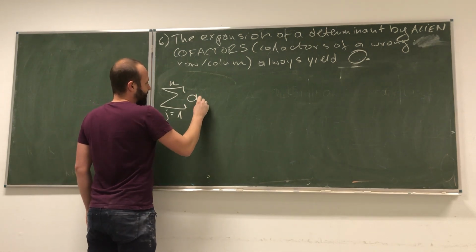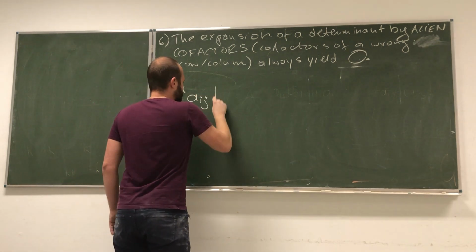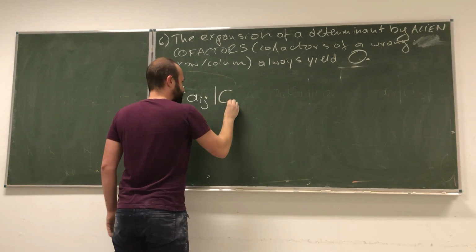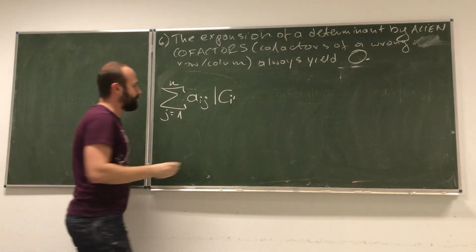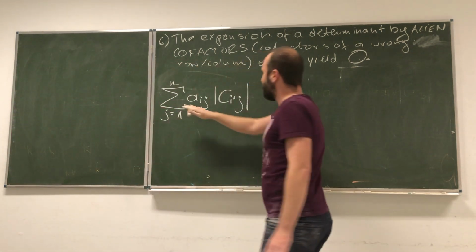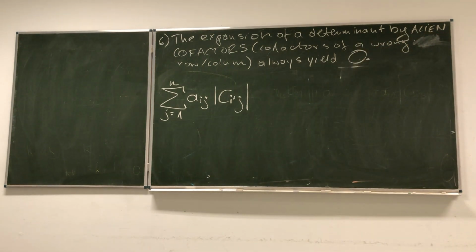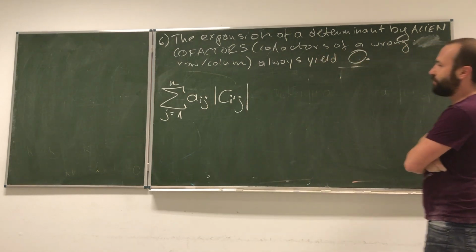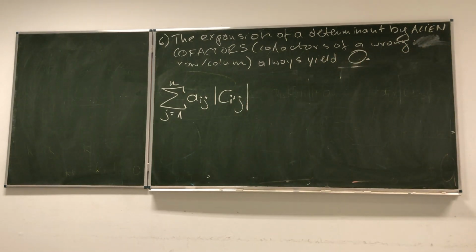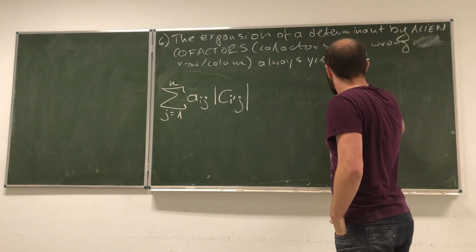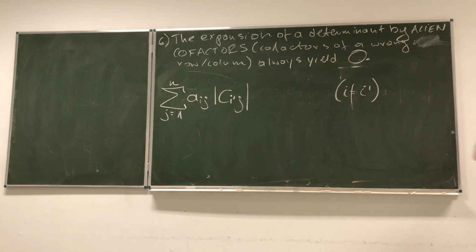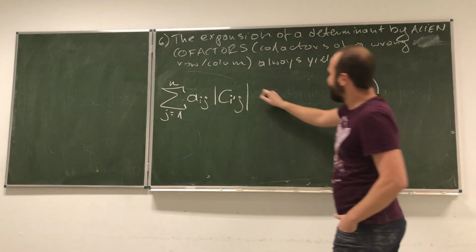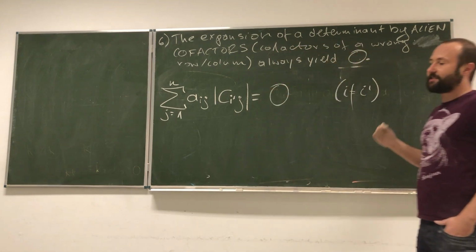So if we have A_ij, C_i'j, what am I going to do here? I'm using elements from row i, but cofactors from row i prime, and i prime is different than i, I can be sure I'm going to get 0.